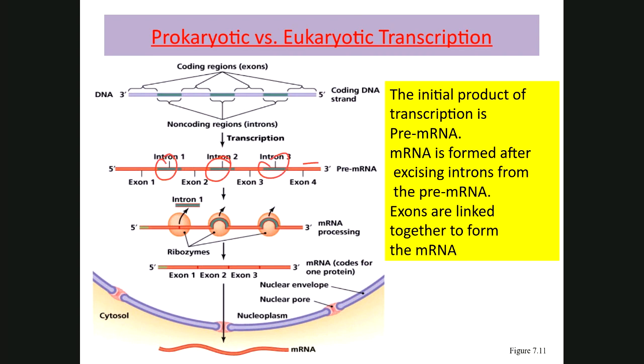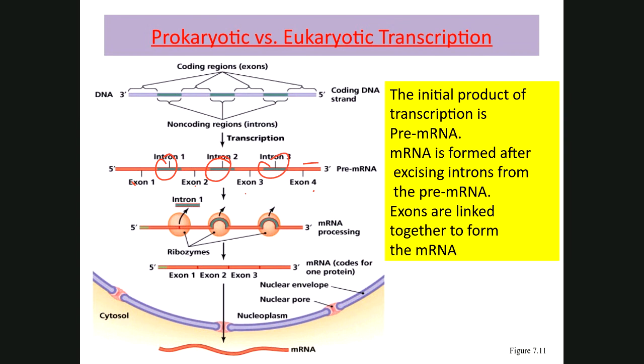And those trash sequences that mean nothing, code for nothing, have to be removed. These are called the introns. So the introns are being removed, and the pieces that are the good part of the recipe are called the exons, and the exons are put together, and now you have the messenger RNA.